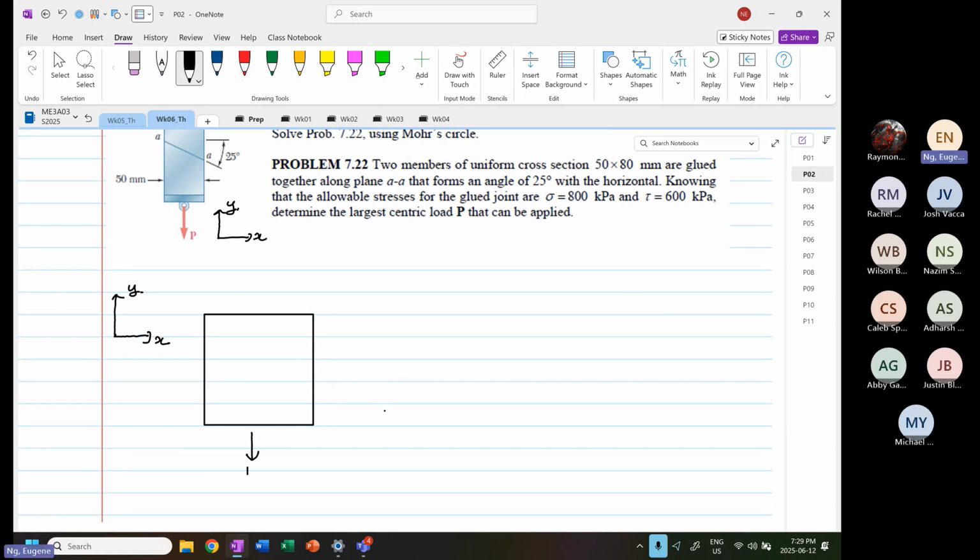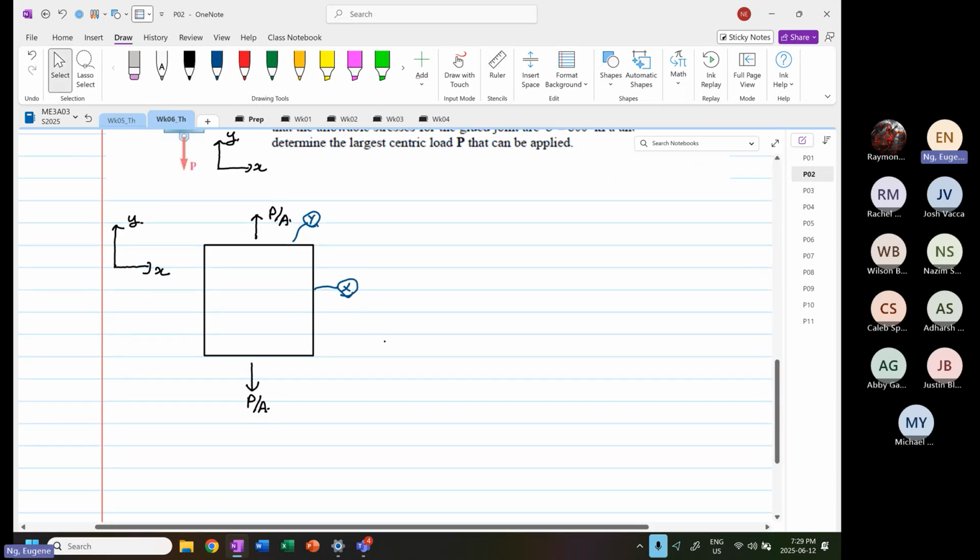This is equal to P over A, not P over 2A, force divided by area. An element, if it's tensile on the top, it's also tensile on the bottom. So we're going to label this point X and this point Y.